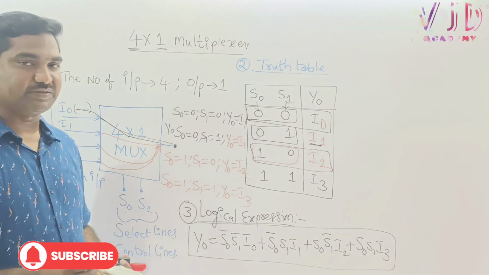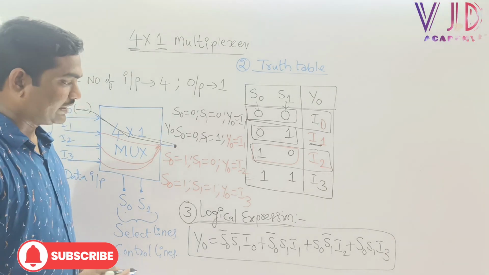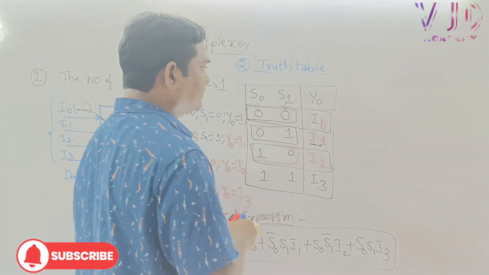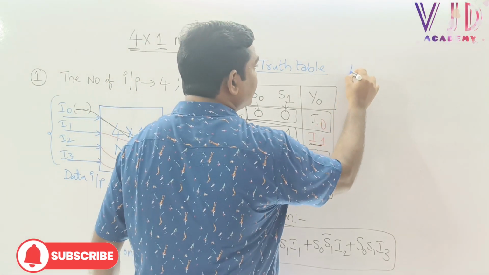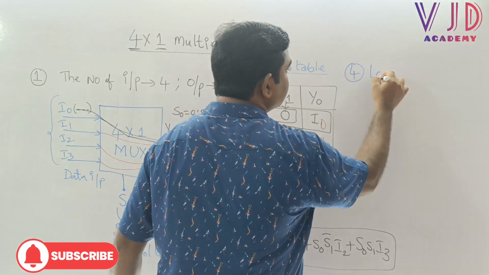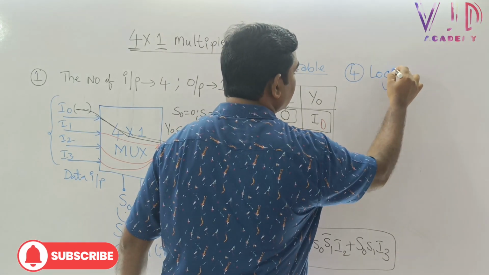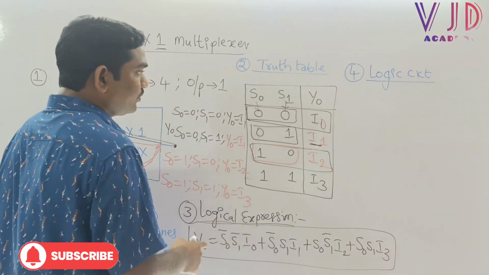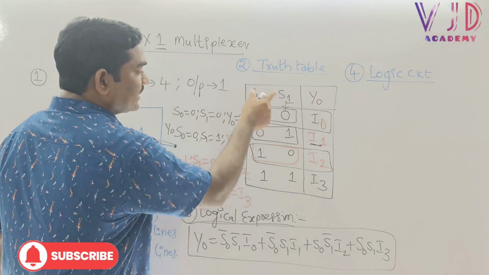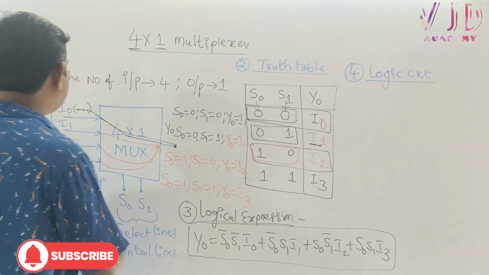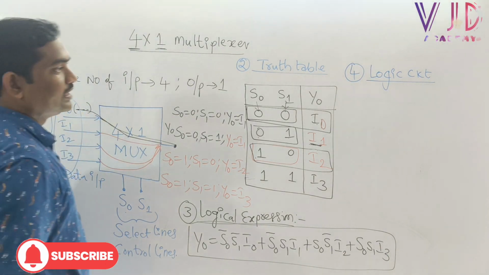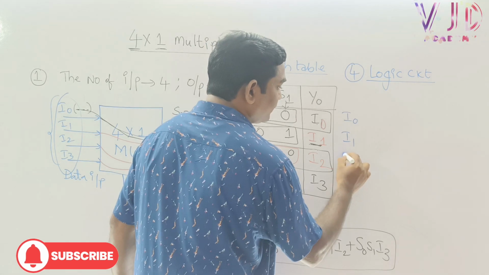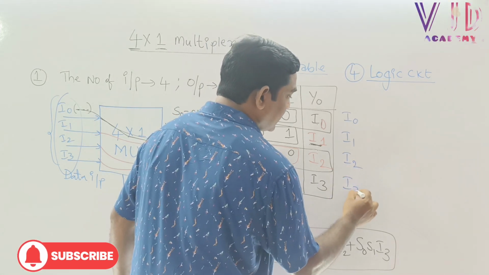Based upon this logical expression, let us construct the logic circuit. The fourth point is the logic circuit. How to construct it? We have two select lines, S0 and S1, and four inputs, I0, I1, I2 and I3.